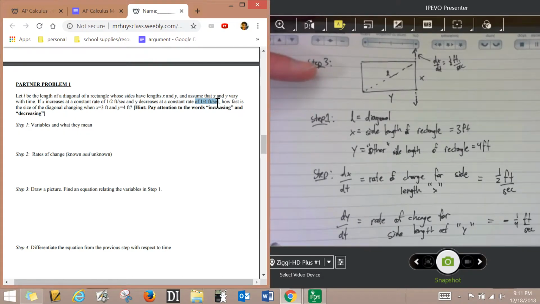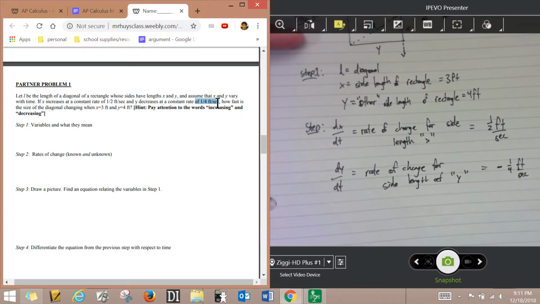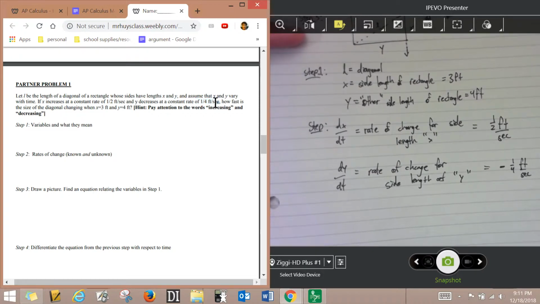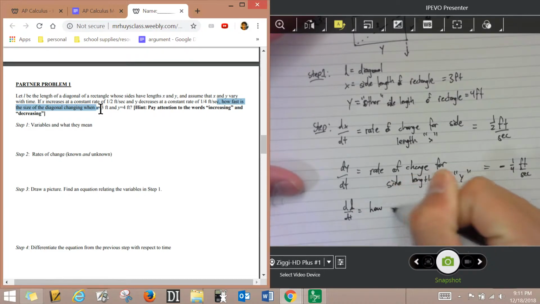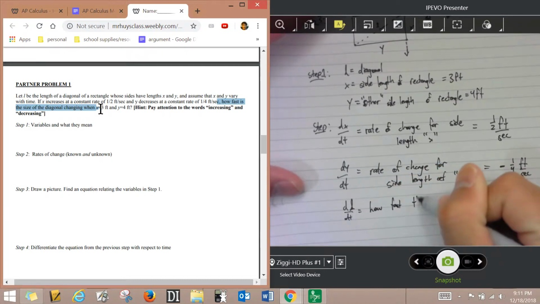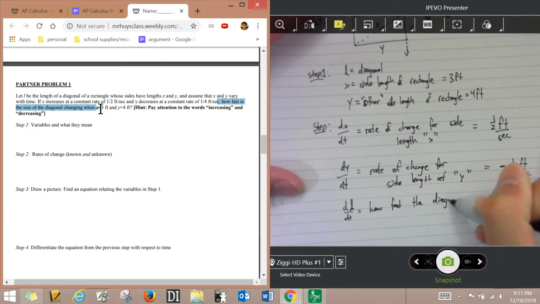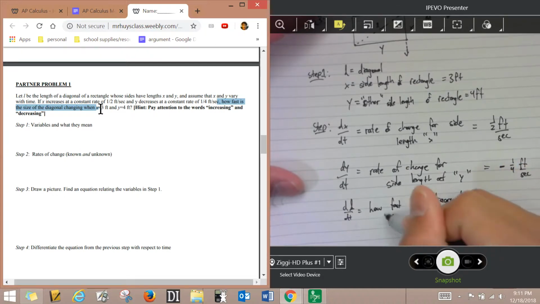Okay. And what we're actually looking for is how fast is the size of the diagonal changing. So we're looking at dl over dt. That's how fast the diagonal L is changing.